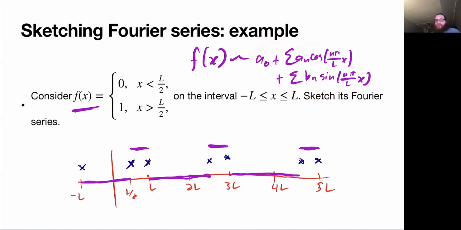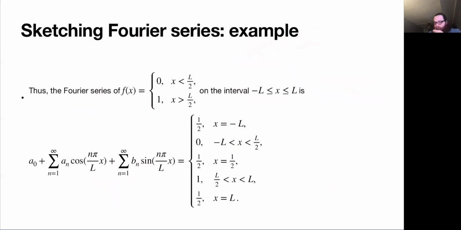And so we don't even know what the coefficients are, but we know what values the entire series takes. What I just said is summarized here. We don't know what these coefficients are, but from the sketch of the Fourier series, we know what values the series takes at various x.